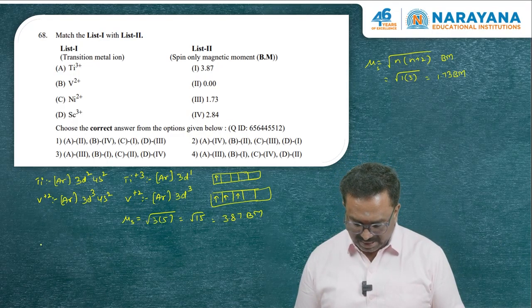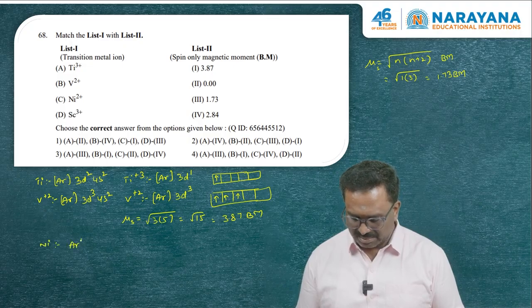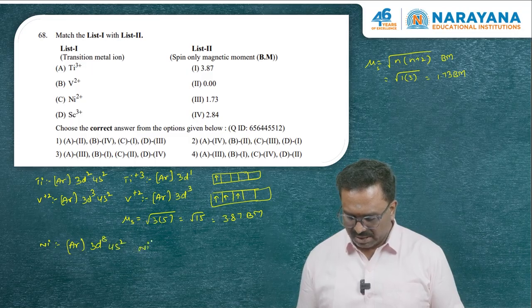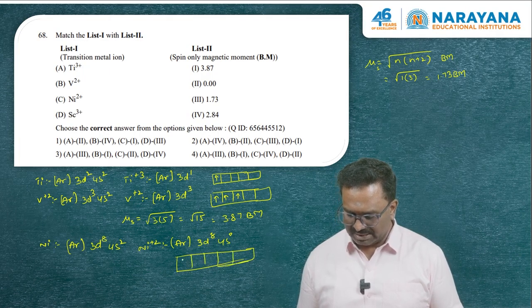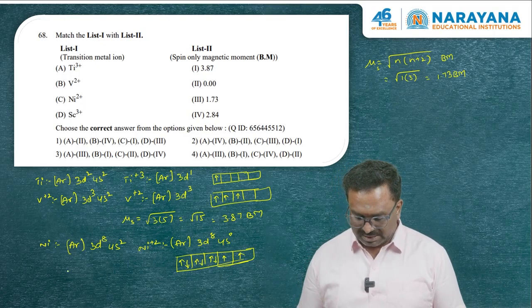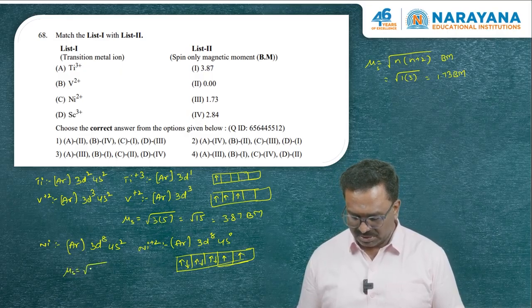Next, another one is nickel, Ni, Ar 3d8 4s2. For Ni+2, Ar 3d8 4s0. If we see the distribution of electrons in the 3d8 configuration, 2 unpaired electrons are present. Spin only magnetic moment is root over 2 into 2 plus 2.